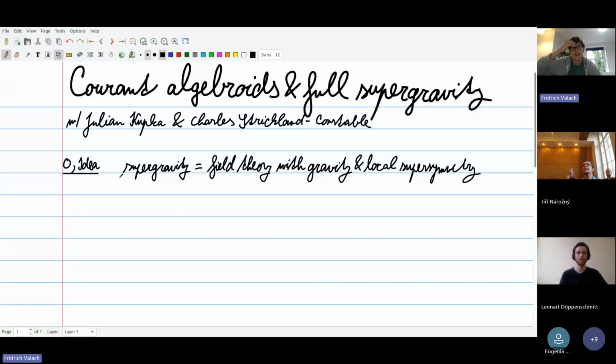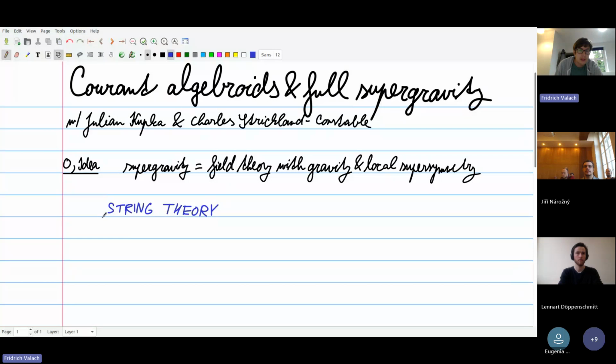These higher dimensional supergravities appear nicely from string theory in the following way. Superstring theory has several flavors.